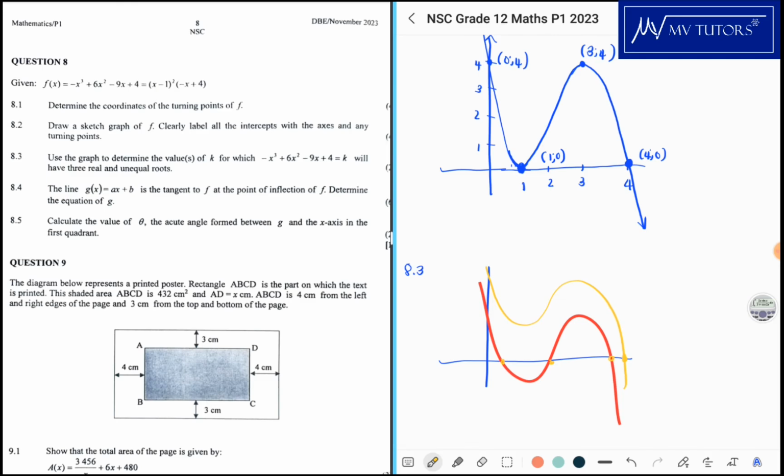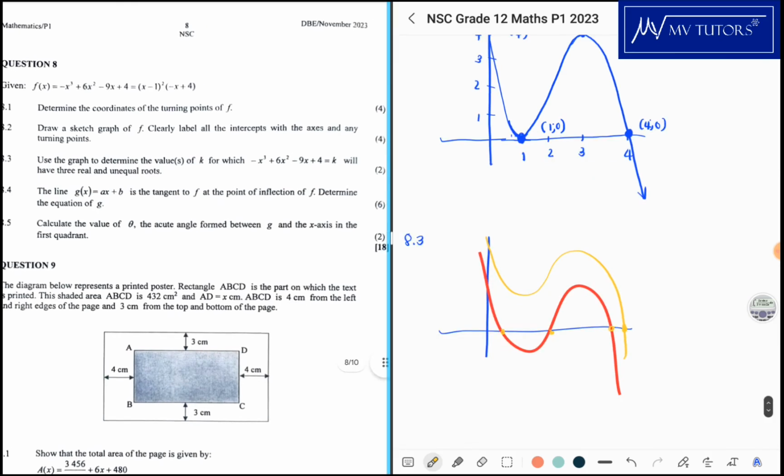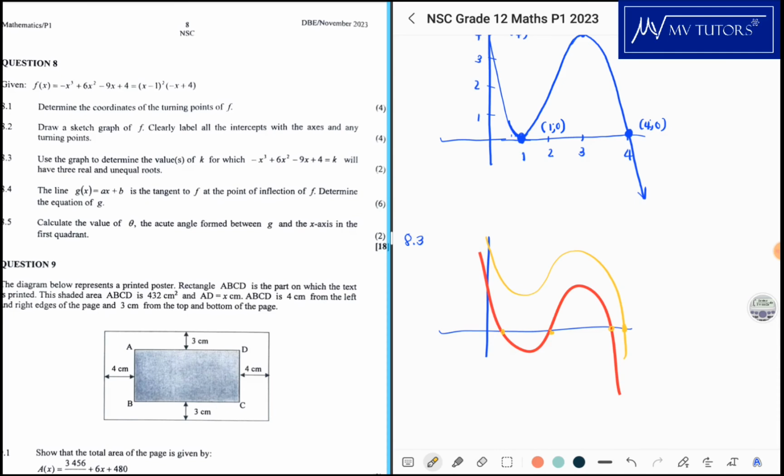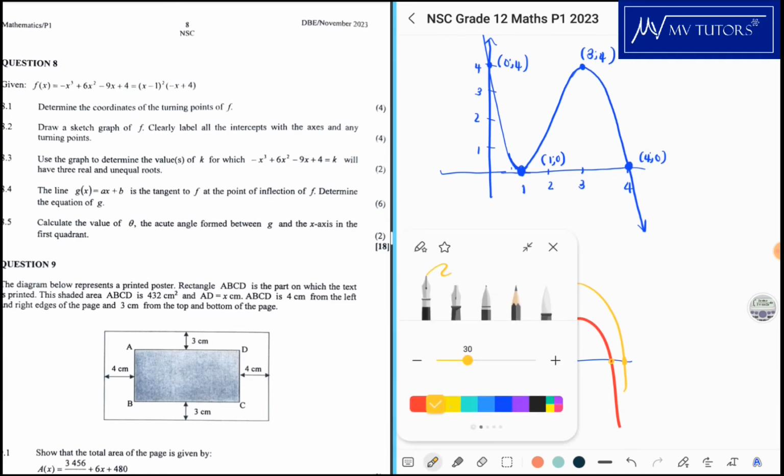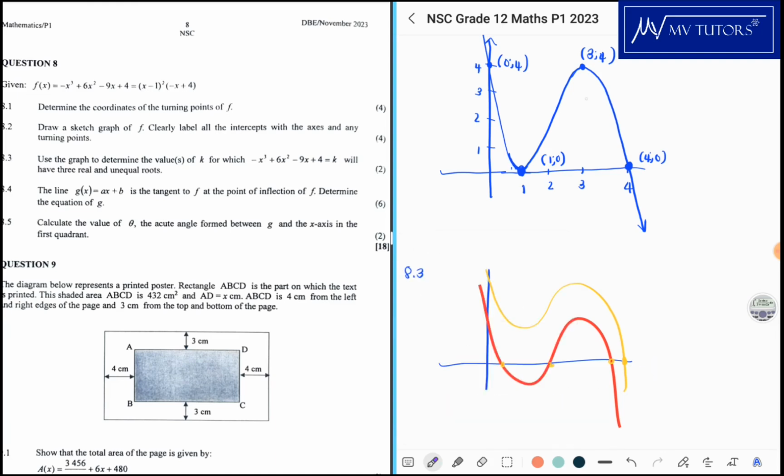Now, how many marks is this? Because they said use the graph, we don't have to go and physically calculate. We can determine what k has to be. Okay, and currently this space, let me just use a different color. Okay, so this space over here is 4 units. If we keep taking down this graph, we can only take it to a point where we don't want this scenario.